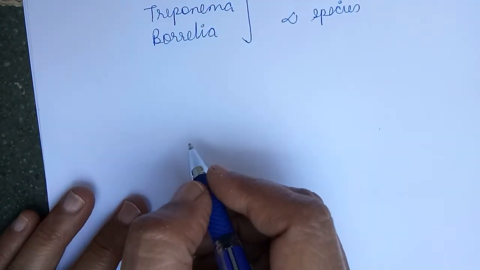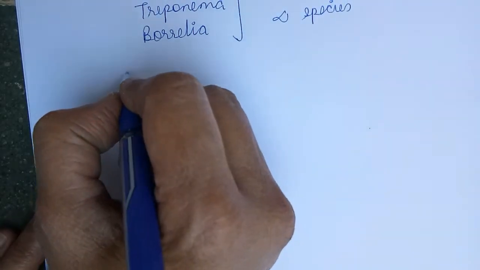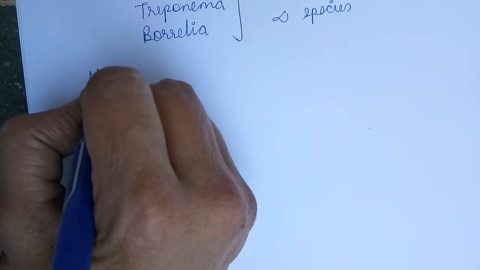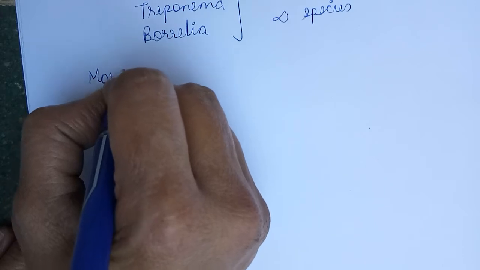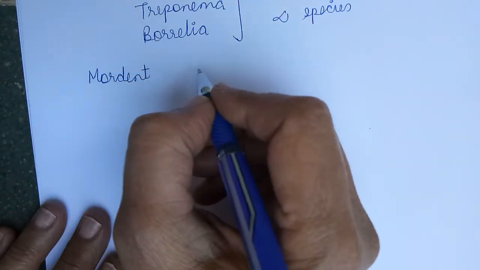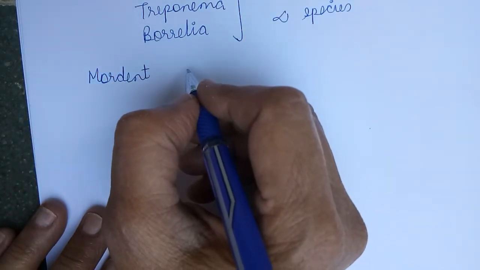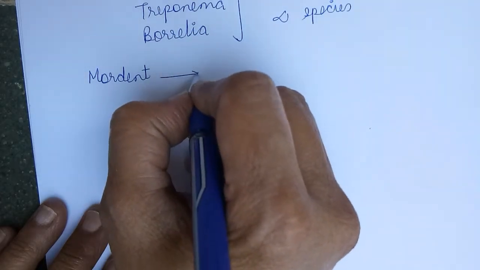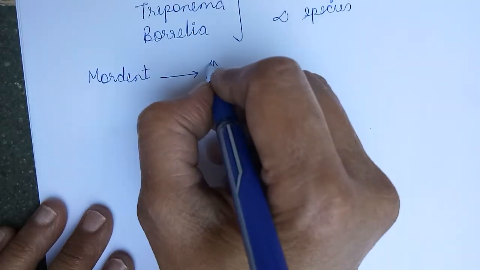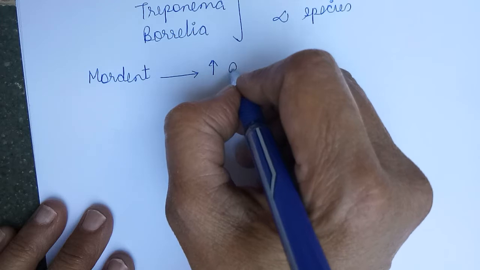When they are stained, a special compound called a mordant is used. The function of the mordant is to increase the apparent size of the cell.